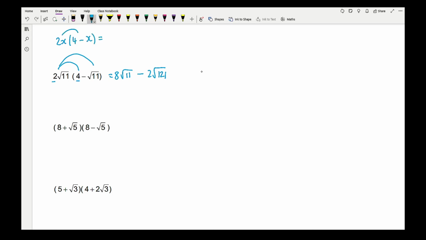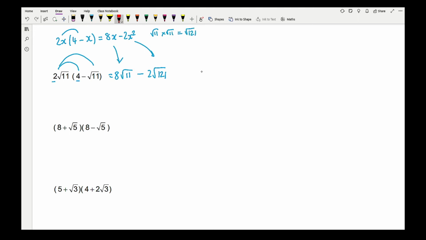So 4 times, you can only multiply numbers with numbers, letters with letters, and the same thing applies with numbers and surds. So here that would be 8x minus 2x squared, and the same thing kind of links in with these two things here, remembering that root 11 times root 11 is just root 121.